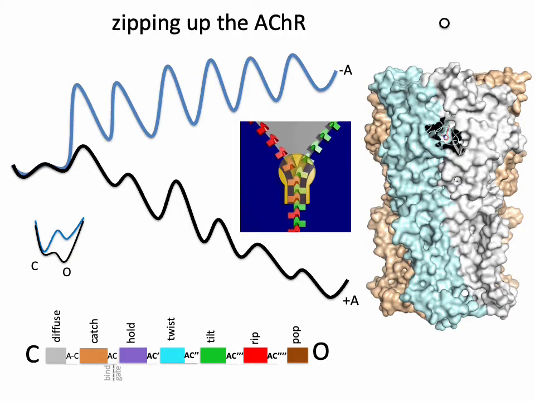So finally, let's put this together and show you how I imagine the energy landscape for gating changes when you add an agonist. The inset here shows what you recorded in our patch clamp. The patch clamp is great as long as you're not interested in things that are faster than a microsecond.